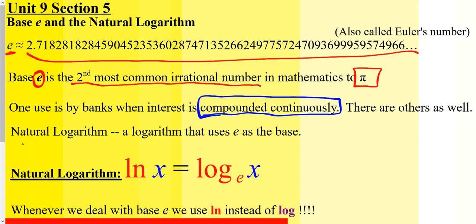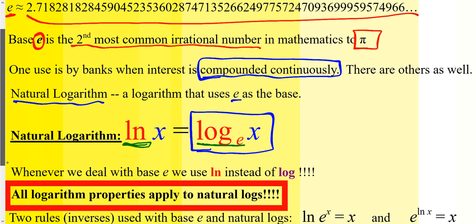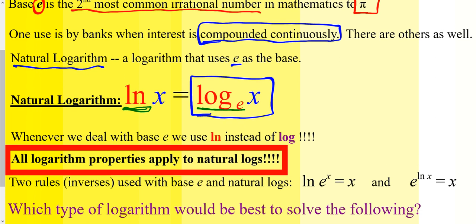Now, a logarithm that has a base of e, which is what we would have right here, log base e, is just this, ln. So an ln, or a natural log, is really a log, which means all the properties of logarithms apply to natural logs.